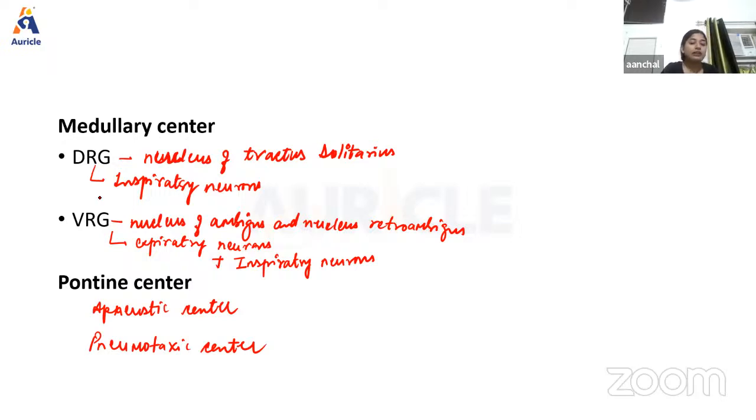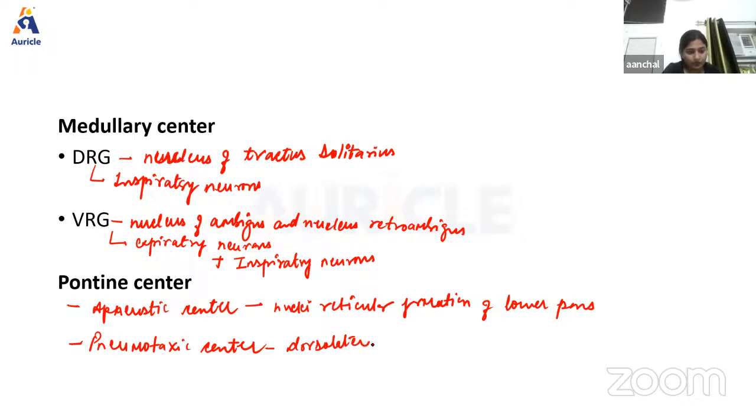Now for the pontine center, we have two different centers, that is the apneustic center and the pneumotaxic center. The apneustic center is present in the nuclei of the reticular formation of the lower pons, and the pneumotaxic center is situated in the dorsolateral part of the reticular formation in the upper pons.